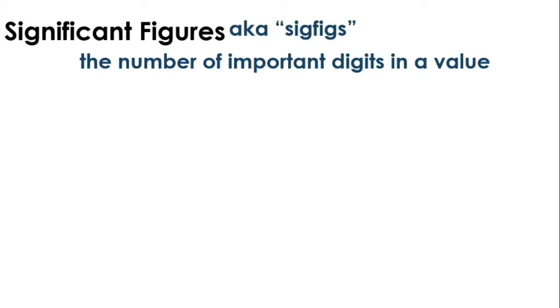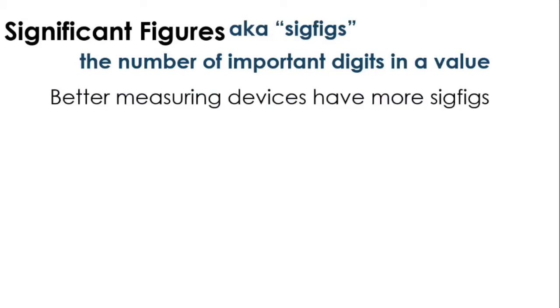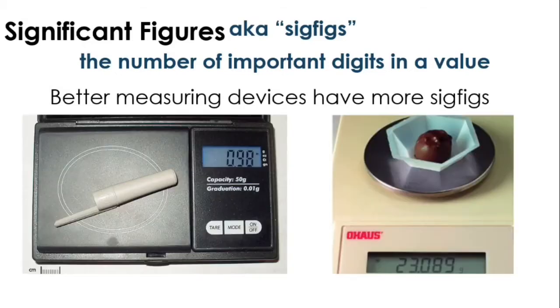And when it comes down to it, better measuring devices have more significant figures. They give us more digits to make our measurements more precise and help us be more accurate in the long run. So we can look at any two pieces of equipment and compare how good of a measuring device they are by how many significant figures they're giving us.